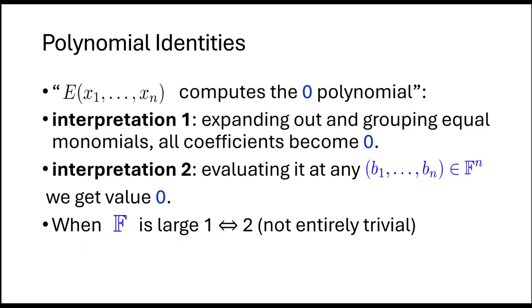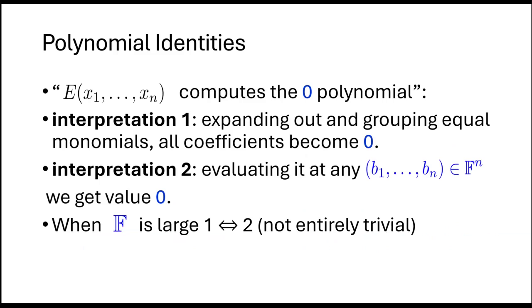So let's discuss again polynomial identities. If I have E in n variables x1 to xn, then I say they compute the zero polynomial. I just want to explain two interpretations here.